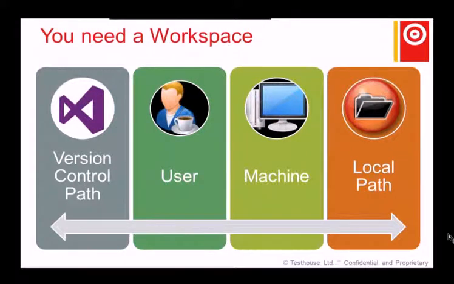So it's a mapping between the server where the files are stored within version control and a folder where you want those files to appear. That mapping is maintained for you, so once the workspace is defined, you don't have to worry about that anymore.